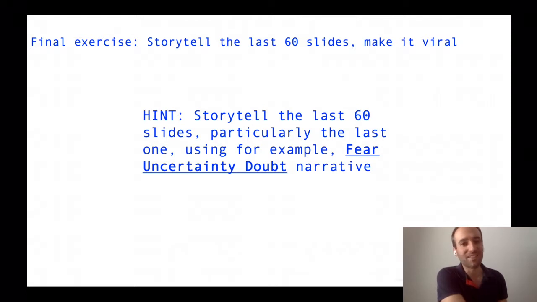And it was used by the tobacco industry, for example, in the 50s, 60s, and 70s to cast doubts on studies that show that tobacco was harming the health of people. Right. If you had to summarize the last 60 slides with the FUD narrative, how would you do it?